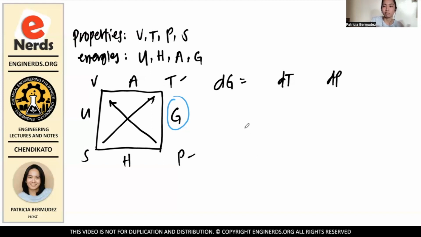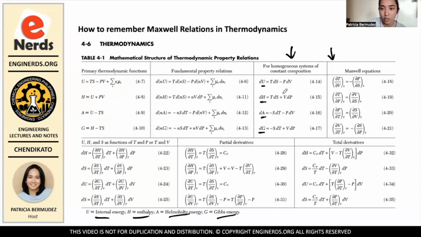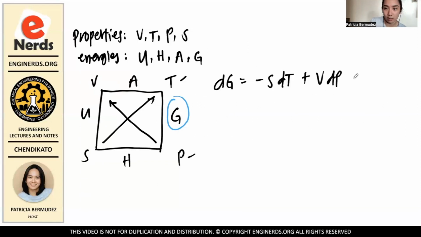And therefore, it's negative. So for that, you have to indicate negative S. And then for P, it is connected to V. But then you have to go from the tail of the arrow to the tip. And that is positive. So it is positive VdP. If we're gonna check here, in our equations, our Gibbs free energy is negative SdT plus VdP. Therefore, it is correct, right?